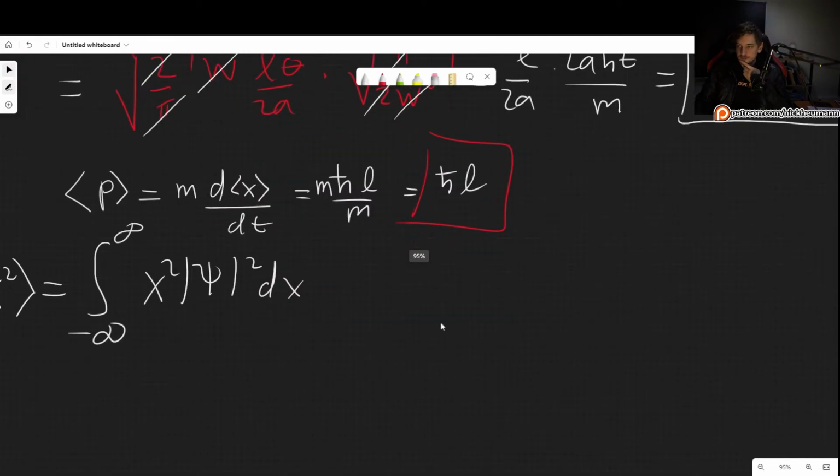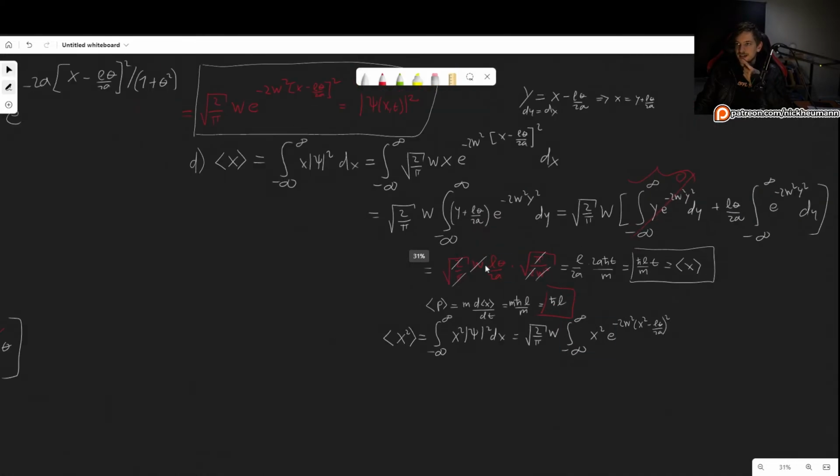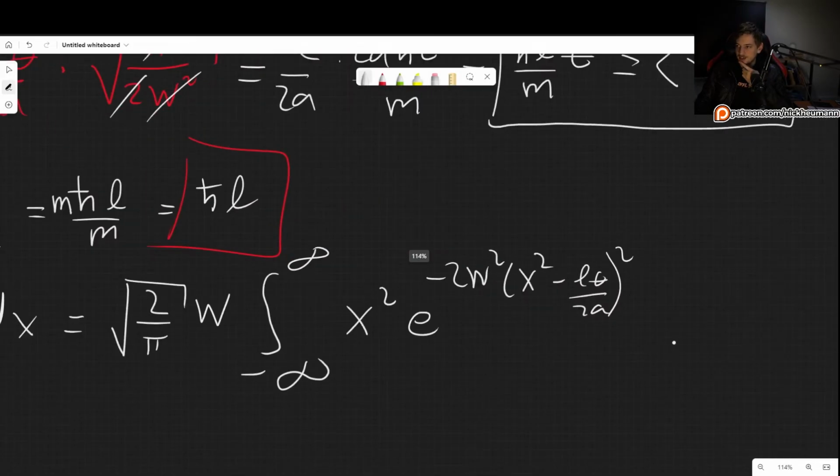So it is the square root of 2 over pi times w, integral from minus infinity to infinity of x squared e to the minus 2w squared, (x minus L theta over 2a) squared. I'm going to have to check. Yes, that's it. And dx, of course.